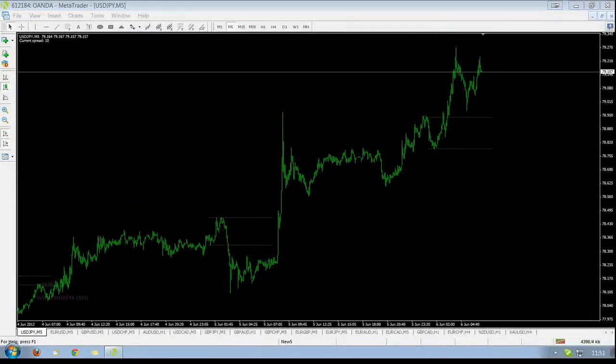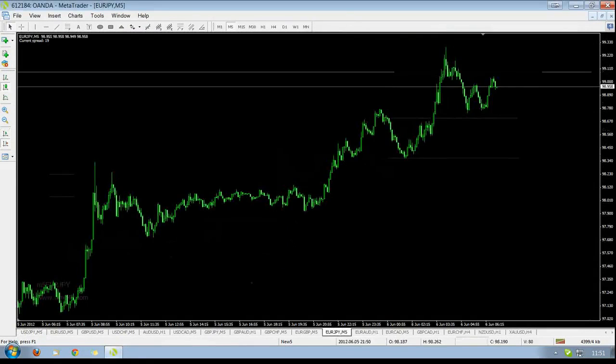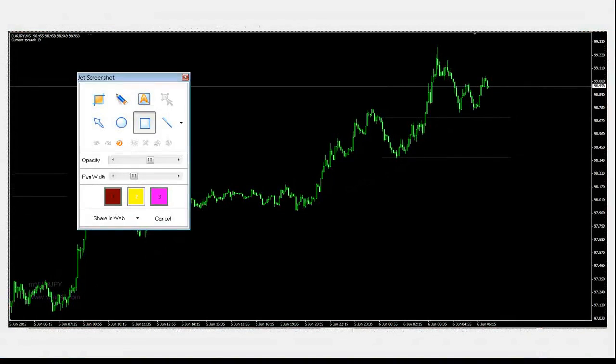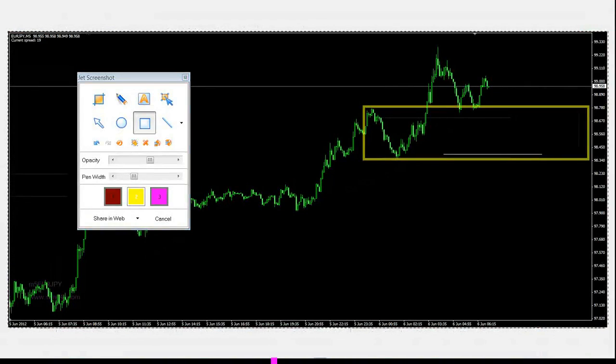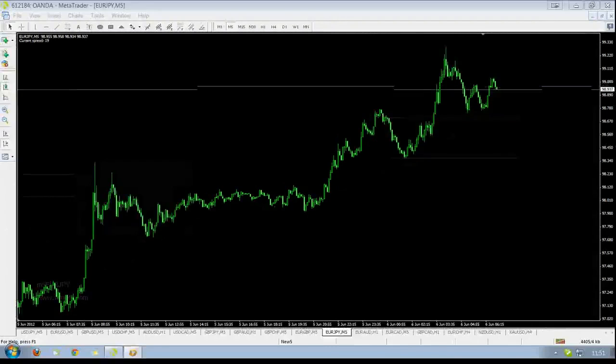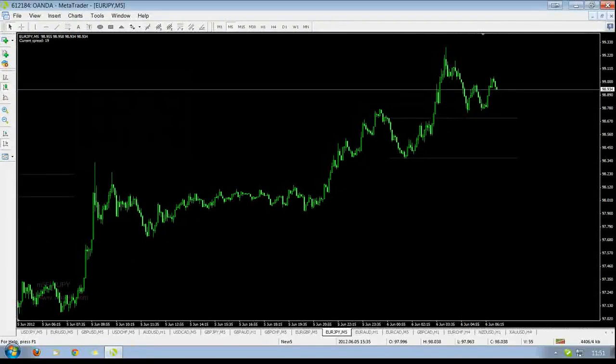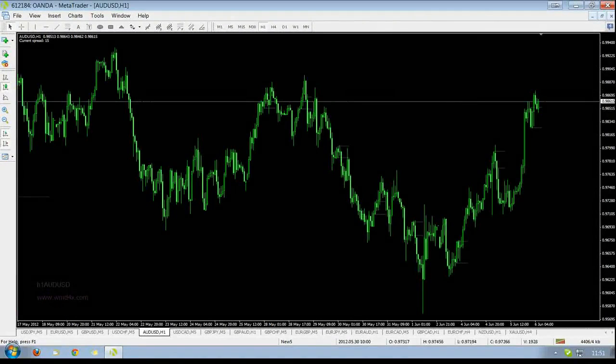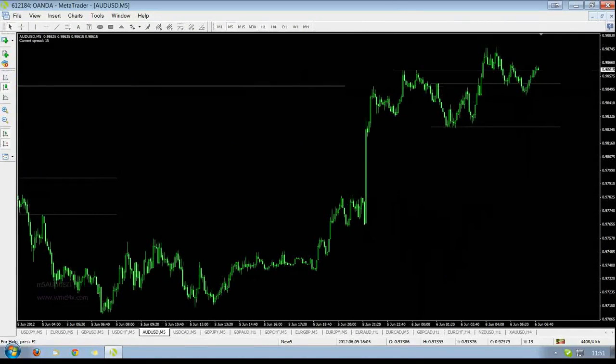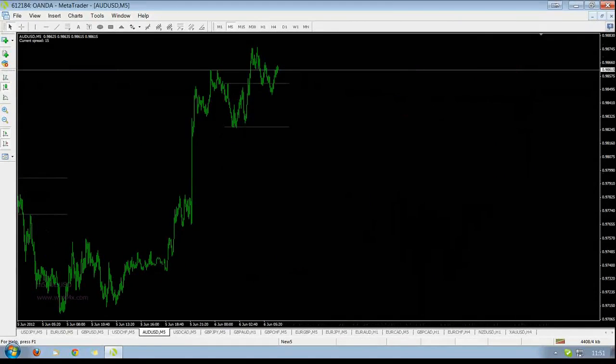Euro JPY. Right, so she's pushing back a little bit from the expected area, and we looked at Aussie. All right, so Aussie hasn't really pulled back deep enough, right?